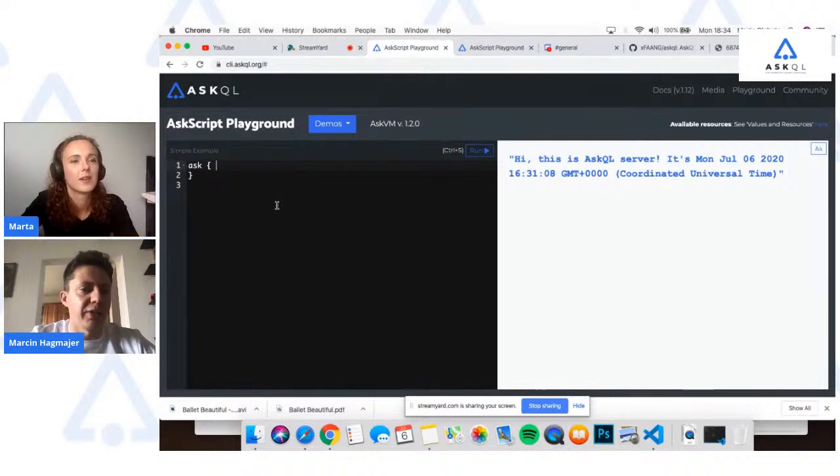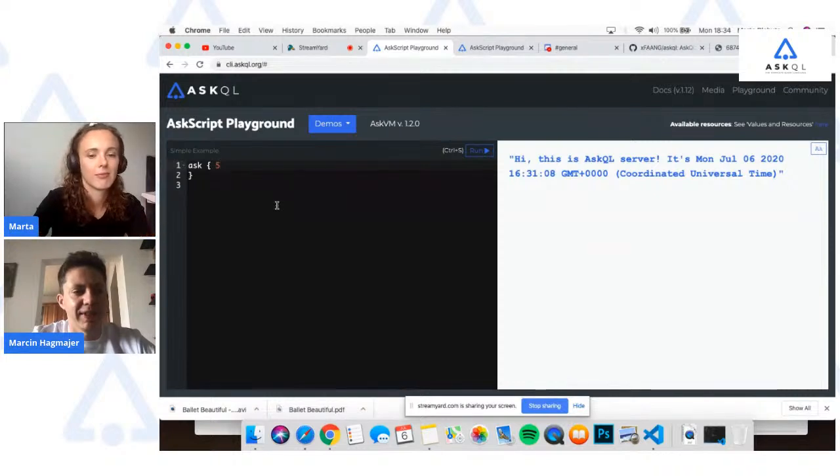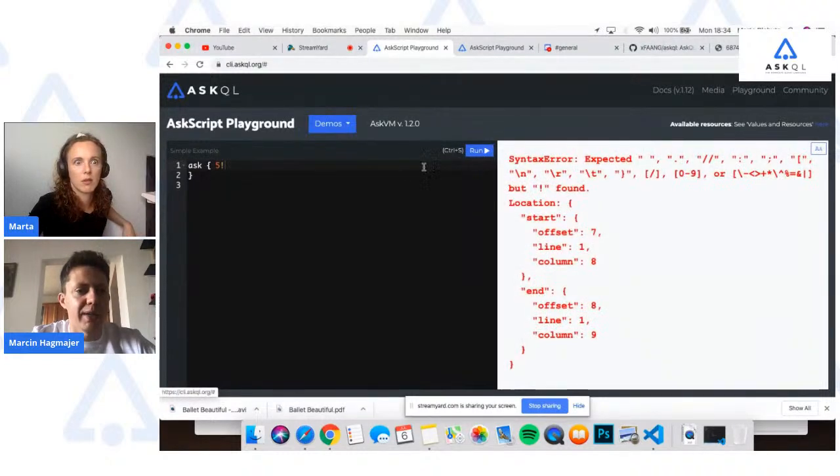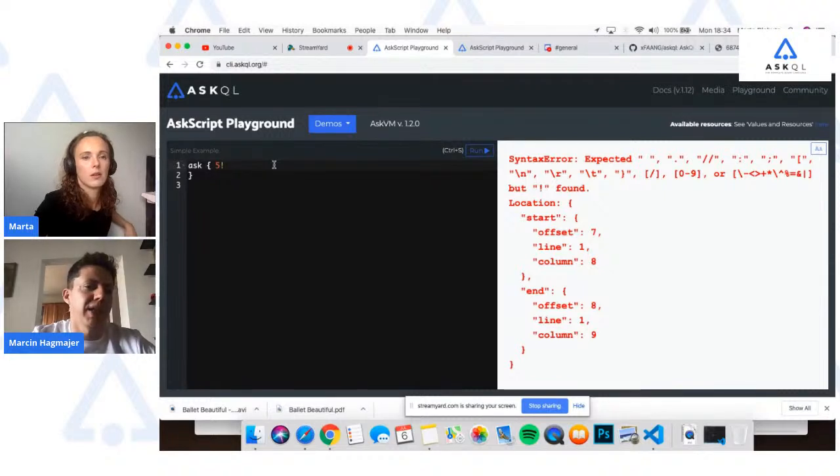So are you familiar with the factorial? What factorial is when we write like 5 exclamation mark? It's 5 by 5 by 5. I meant more like this is not something that AskScript understands. I meant more like in math function.